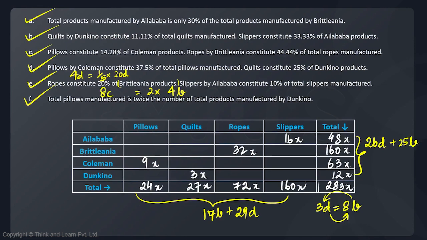So this is the total number of products across all the 4 companies. We don't know the values at every other cell because out of 4 values, only 1 is known and the 3 are missing, which is going to be very complicated to solve. So let's leave the table as such and now move over to the questions.